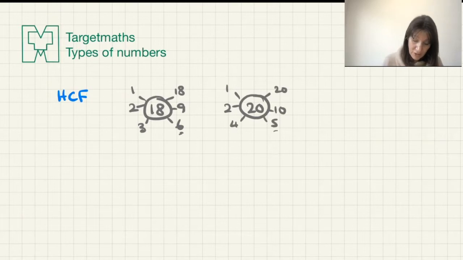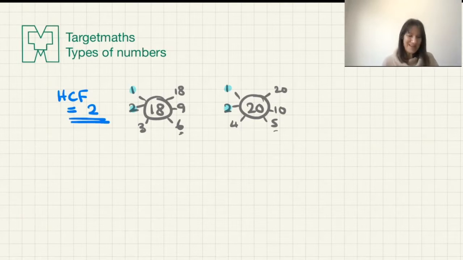So if I look at all of the common ones, 1 is common, 2 is common, and that is all I've got available to me. The highest out of those 2 common is 2. So the highest common factor is 2. Okay. So we're literally just going to be using our factor bugs.